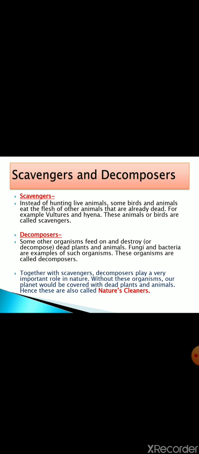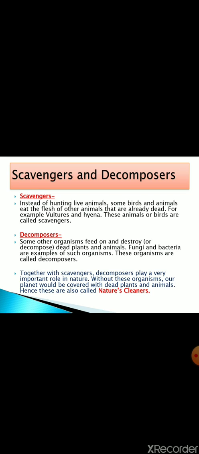It is breaking down because of these small decomposers, and these decomposers are microorganisms actually. Micro, why micro? Because you cannot see them with your naked eyes. You need a microscope to see them, and that is why we call them microorganisms. So the organisms which feed on and decompose dead plants and animals, like fungi and bacteria, are called decomposers.